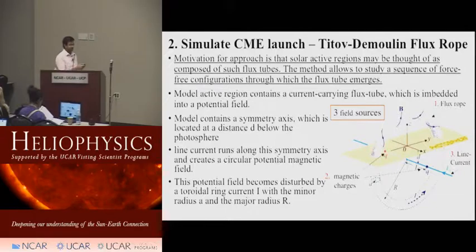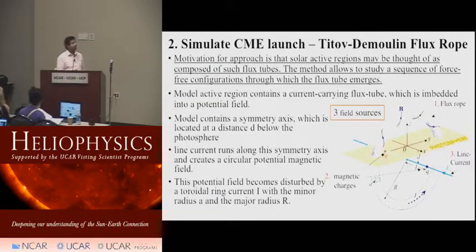In this mathematical set of equations, the three things you want to take away is that they have three field sources for which they create their flux rope structure. One is the twisted flux rope itself. The other they create through magnetic charges, these hypothetical magnetic charges that create a magnetic field.